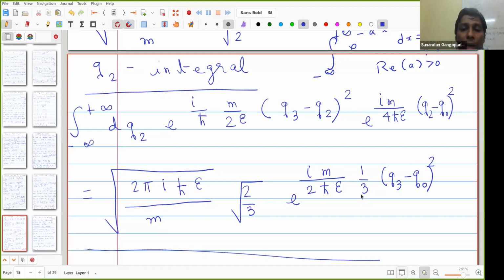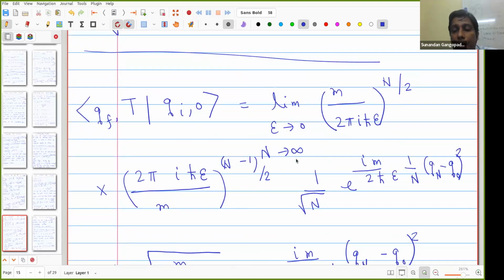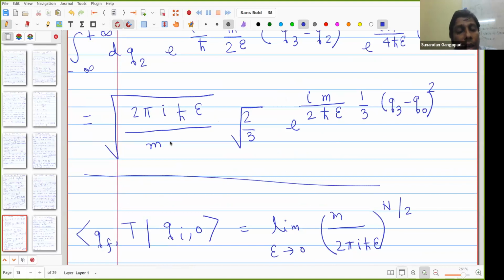Now, if you keep on multiplying, doing the higher integrals like the Q3 integral, Q4 integral, till n-1, you can write down the results in a simple way. This constant was also already there. Now, this particular constant appears for each of the integrals, so it will be multiplied n-1 times.